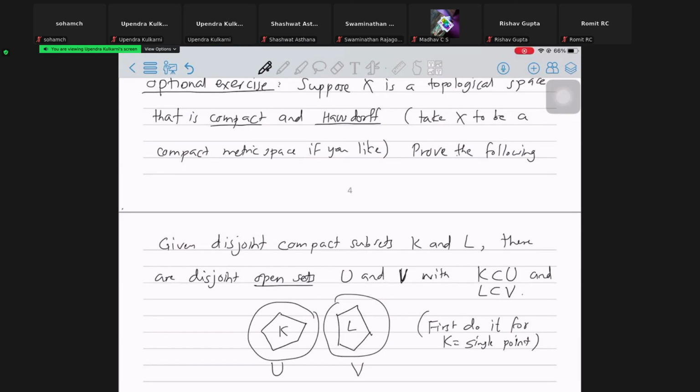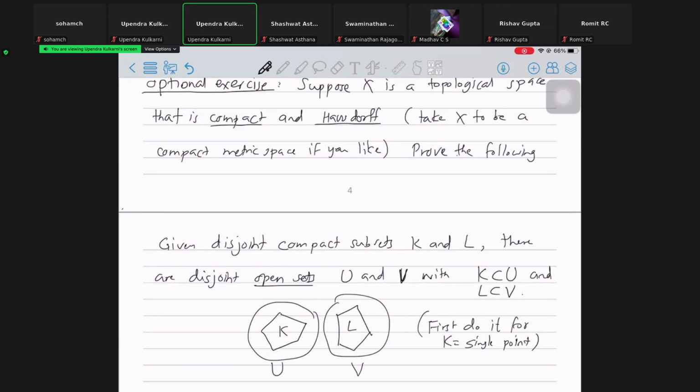Why? Because X is given to be compact, so any closed subset of a compact set will be compact, and in a Hausdorff space, a compact subset is also closed. So for this X, compact and closed subset is synonymous.